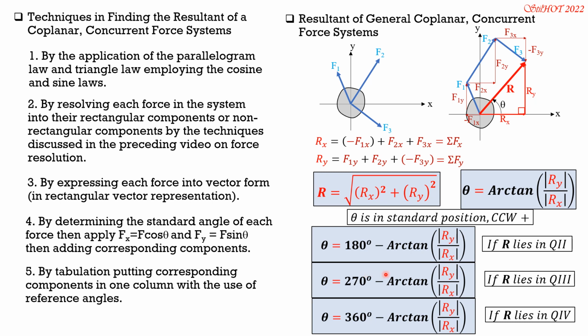Now, that's it. But if the problem does not require the magnitude and theta, just R in vector form, the best way to express the resultant is in vector form because it is already in vector form.